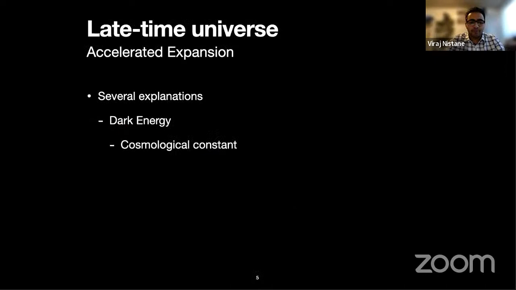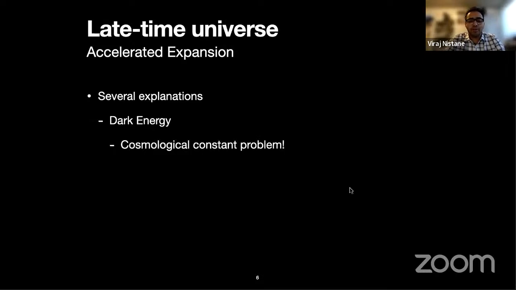Moving on, the constant energy density is one of the few explanations for the observed accelerated expansion of the universe in the late times. However, Einstein's cosmological constant, which is used to model the dark energy, this exotic form of energy, comes with a problem, which is the cosmological constant problem.